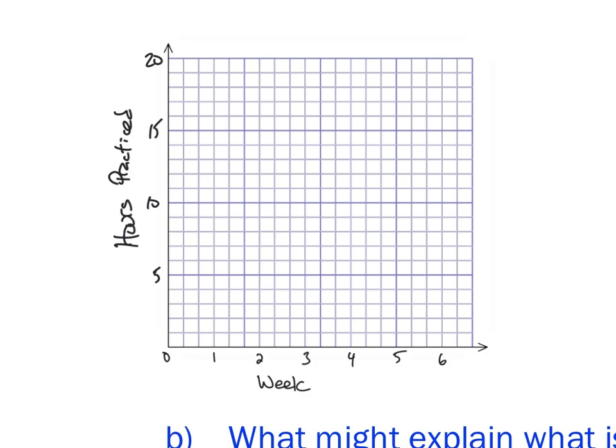So in week 1, how much does she practice? 12. So with our rulers, and I'm going to apologize to you because I don't know how well this is going to look compared to yours. But if we're going to go up to 12, I don't want a line. I'm going to try and see if I can draw a bar, or a rectangle.